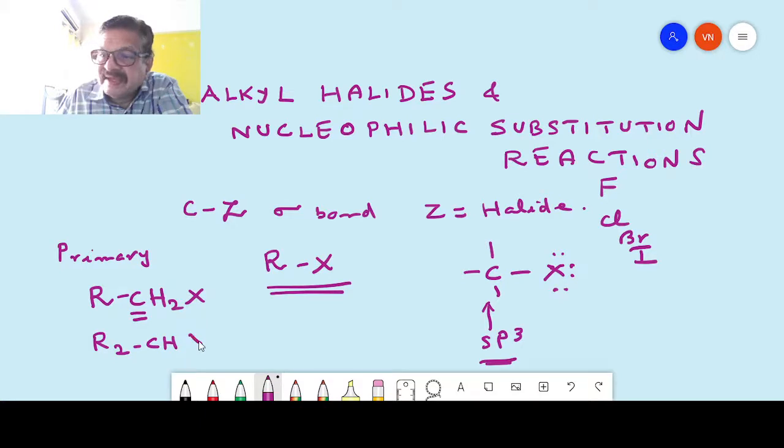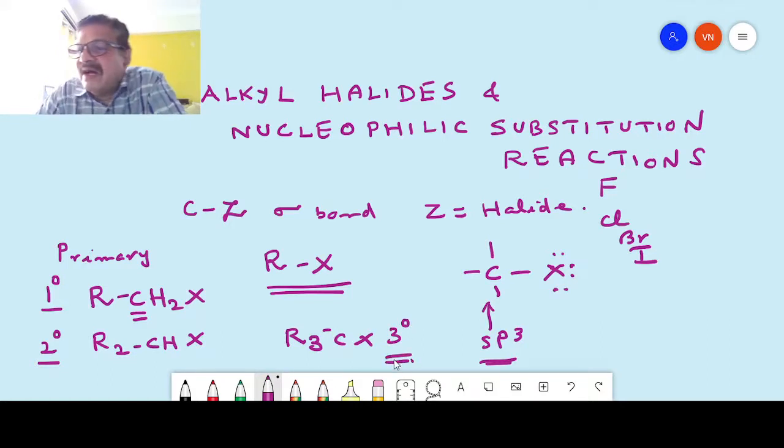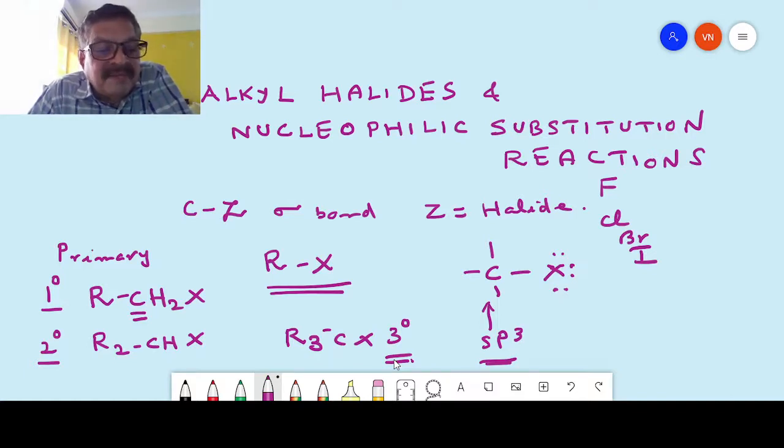Then we can have R2CHX. This primary we call 1 degree, and this is secondary, 2 degrees, R2CHX. Then we can have tertiary, that is R3CX, which is 3 degrees. This is the classification of alkyl halides: primary, secondary, and tertiary.